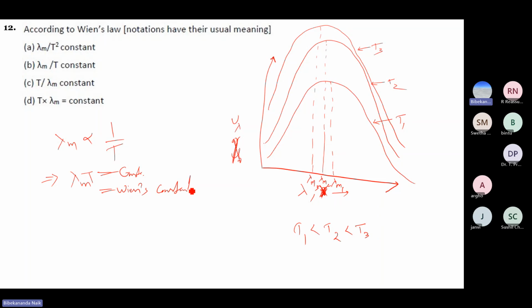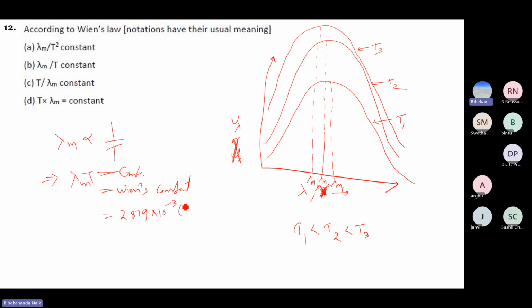Can anyone tell me what is the value of Wien's constant? Yes, anyone? So the value of this constant is 2.879 into 10 to the power minus 3.